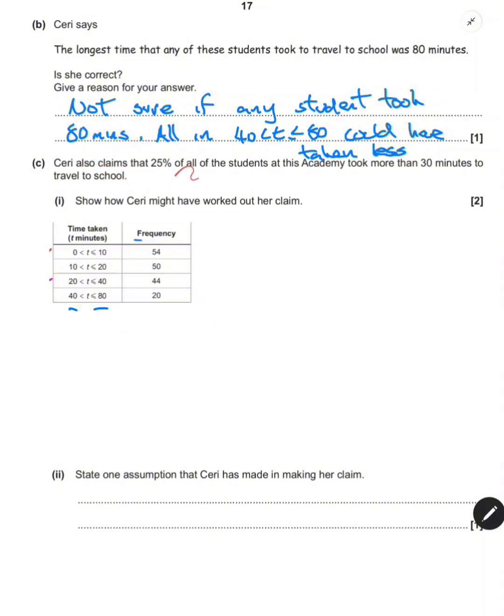Part C says this student is claiming 25% of the students took more than 30 minutes to travel to school. So we need to find 30 minutes, and 30 minutes is here, look, in between 20 and 40. So what we can say is, okay, if the students taking between 20 and 40 minutes, there were 44 of them. Well, I might say that 30 to 40 minutes, kind of the middle of this group to the end of it, must be half of these students.